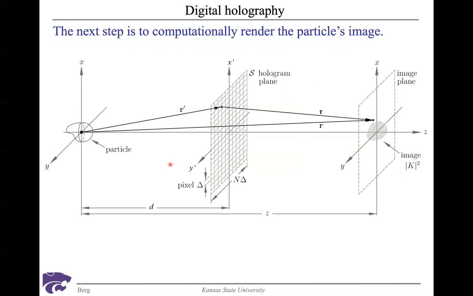Now, to get an image from that interference pattern, we use the Fresnel-Kirchhoff diffraction integral. This plane right here represents the pixel gray level readouts of the image sensor, generated by the interference of the scattered and incident wave from the particle at the sensor.